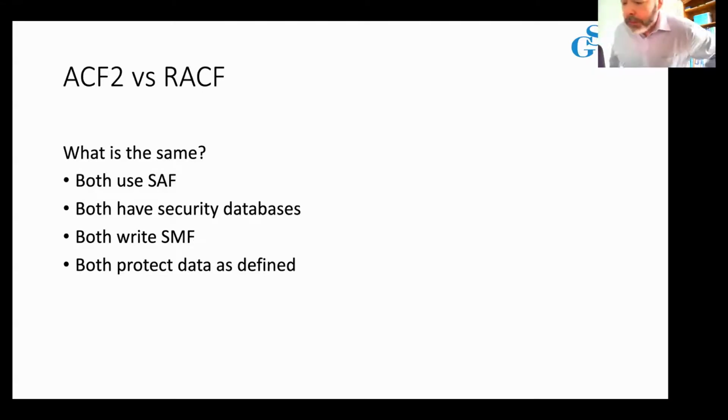Firstly, we'll have a quick look at what's the same in the two ESMs. Both use SAF, the System Authorization Facility. Both have security databases. They're not X.500, but they are highly efficient legacy systems that are accessible from X.500 via LDAP.